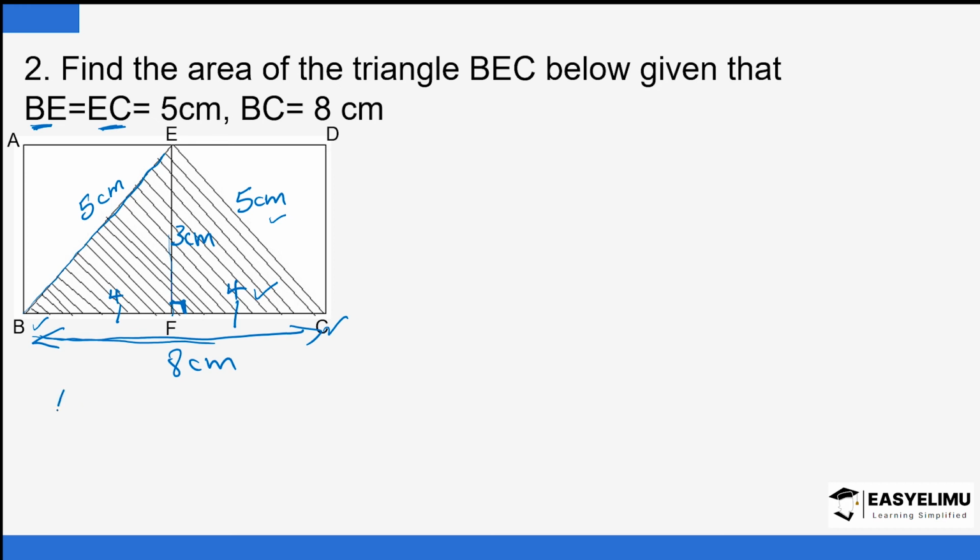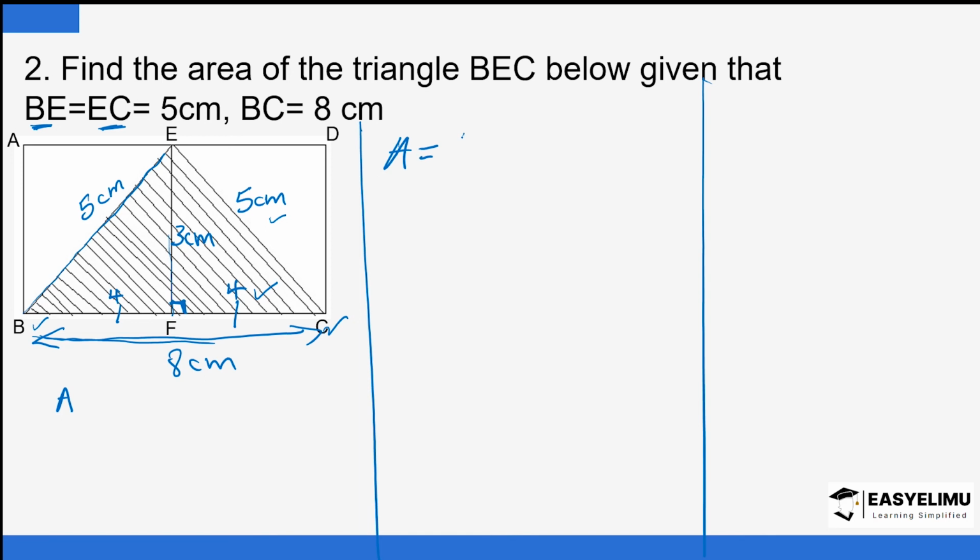So you can find the area now again. So let me do it on this other side. So area is again a half times base times height. So we have a half times 8 times height is 3.